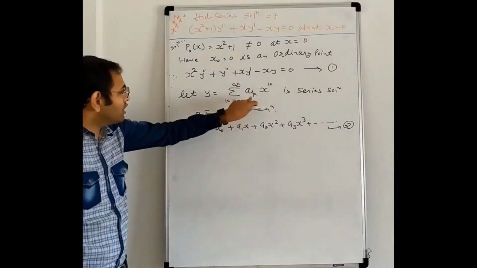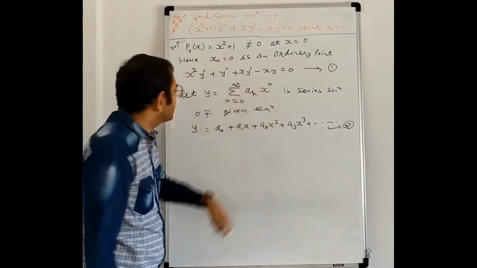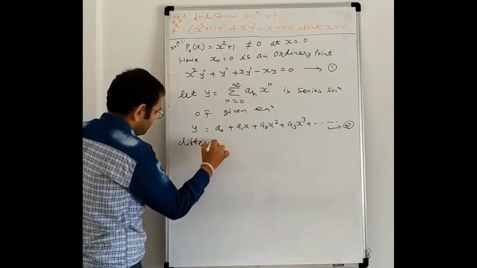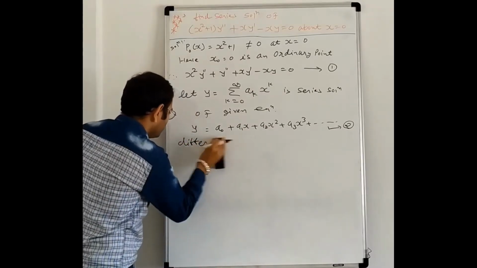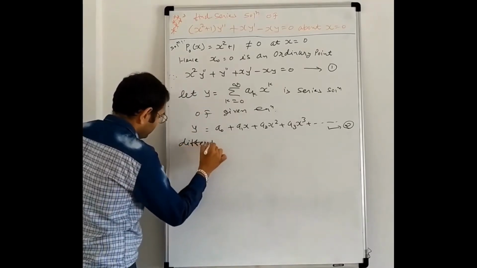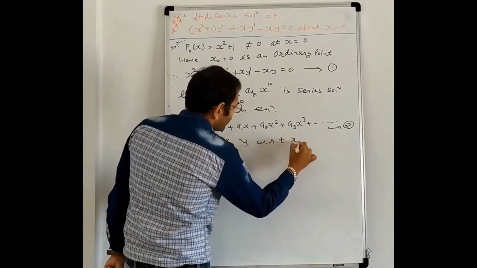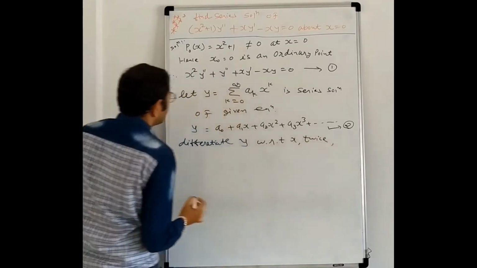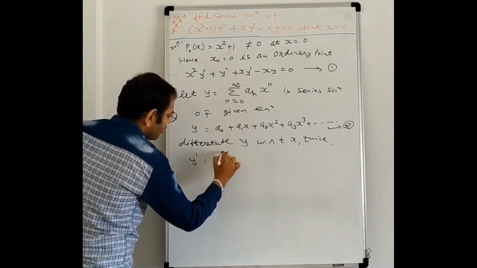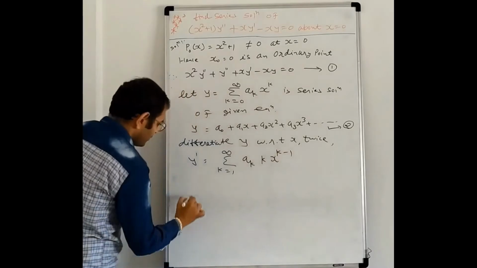Now differentiate y with respect to x twice, then we get y dash equal to summation k equal to 1 to infinite ak k x raised to k minus 1.